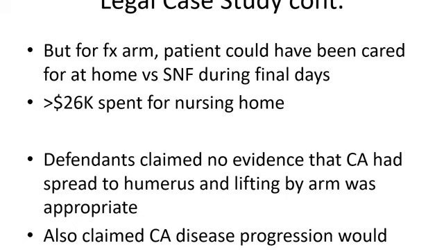They knew, the nurses should have known, that the patient was at risk for pathologic fractures. So not using the draw sheet, not being careful, was inappropriate substandard nursing care. So the plaintiffs won that case.